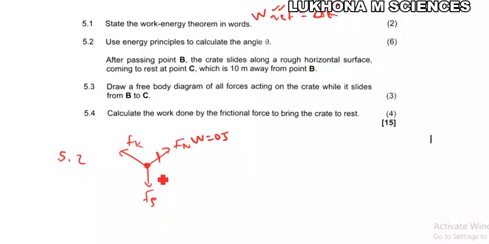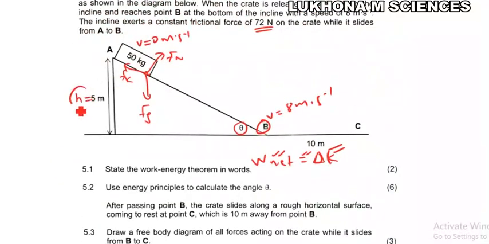And if we look at Fg, the displacement for Fg, in fact Fg is parallel to the height, which means delta x for Fg is 5. But we don't know delta x for what? For the friction.